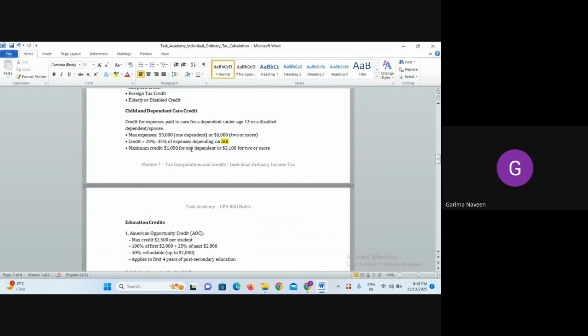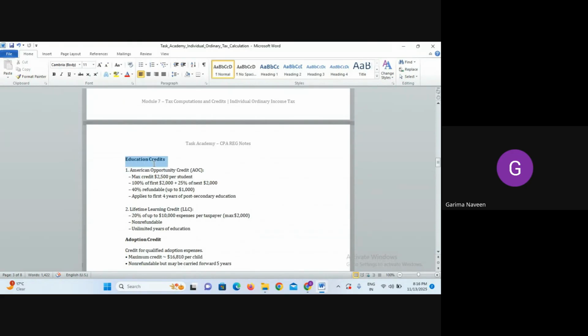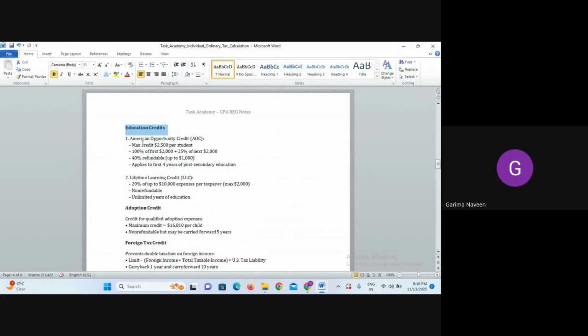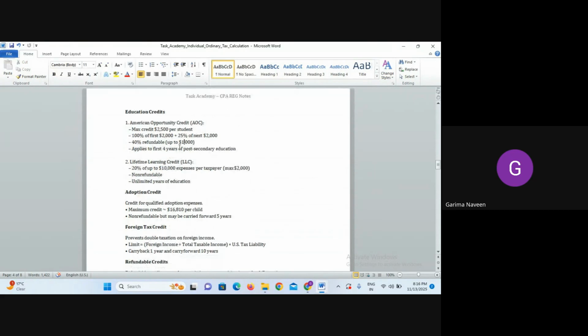Okay. So the next credit is the education credit. If someone is involved in an education program, either a degree, a full-time course or some part-time courses, then you can get some credits on this. First is the American Opportunity Credit. It is given for college-going students, who are studying full-time.